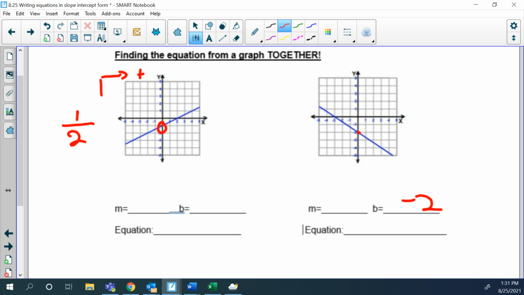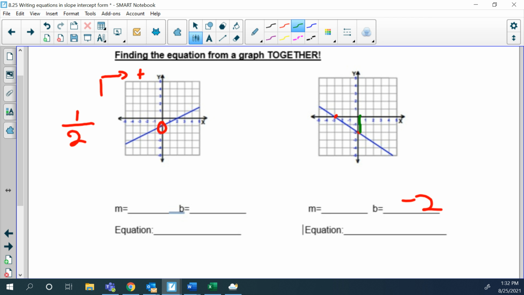Now let's find my slope. I have a good point right here. That's a good point right there. And I need another good point, I'll call it a pretty point. I'm going to use this one right here where the line crosses the x-axis, the x-intercept. So now I'm going to draw my triangle, using the lowest point that I have, which is this one here. I'm going to go up 1, 2.